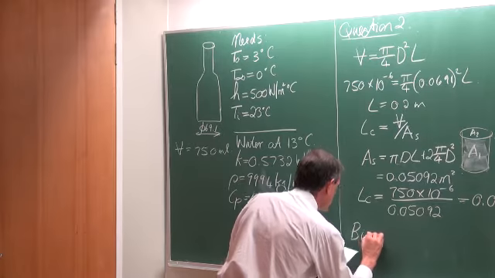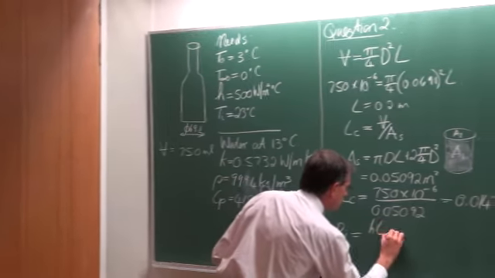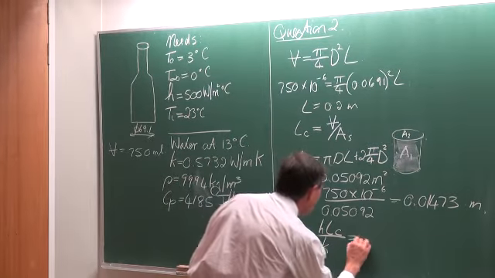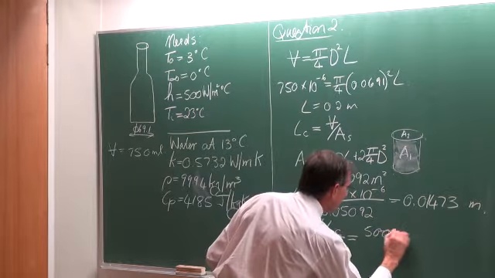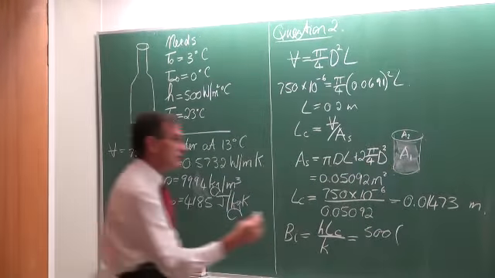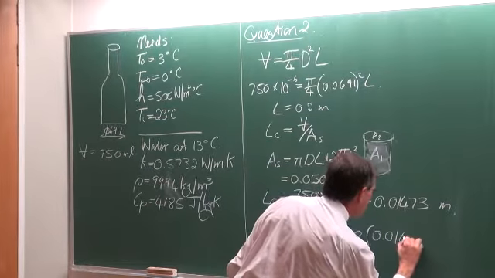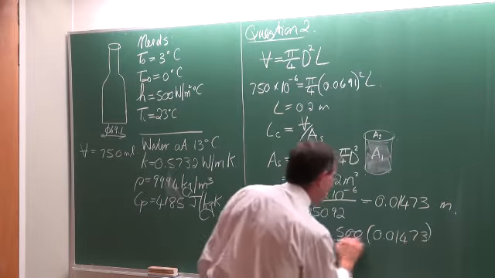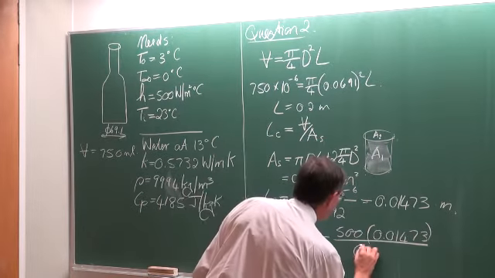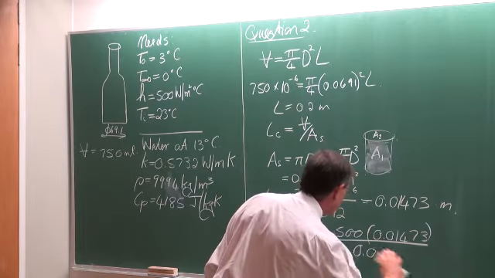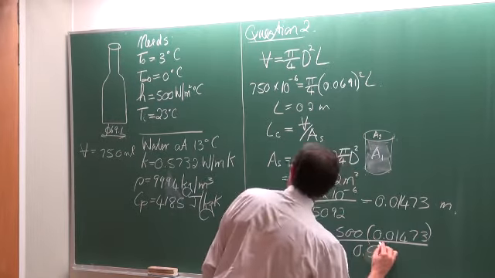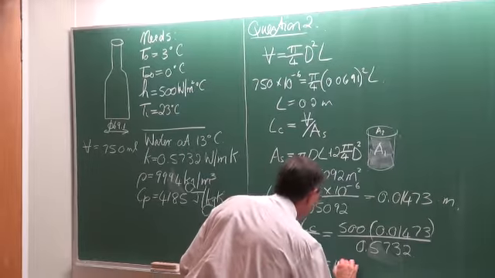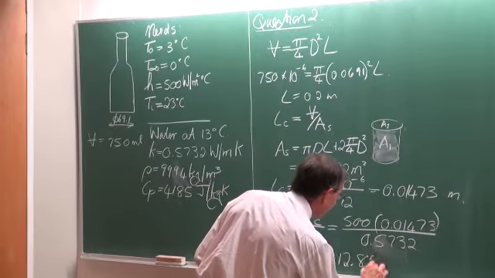So the Biot number is equal to the heat transfer coefficient multiplied by the characteristic length divided by K. The heat transfer coefficient is 500, the characteristic length is 0.01473 meters, divided by the thermal conductivity, which is 0.5732, and from this we can calculate the Biot number as 12.85.